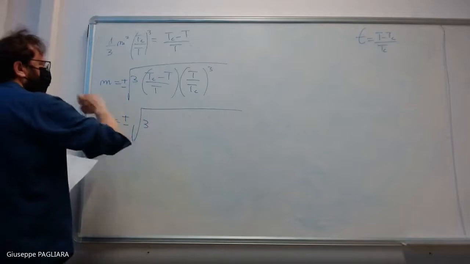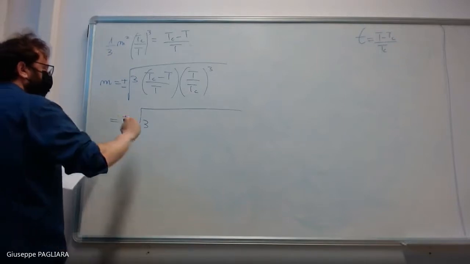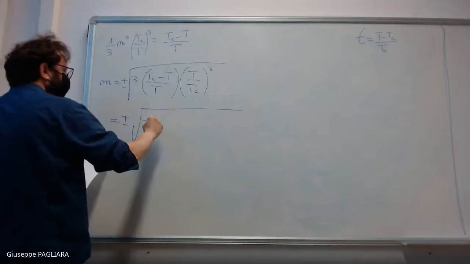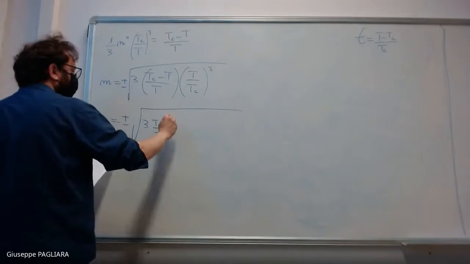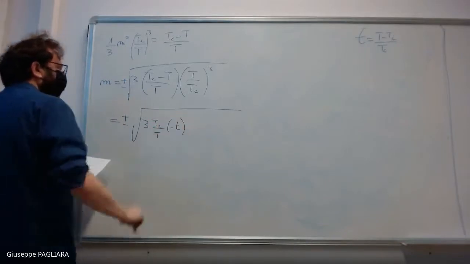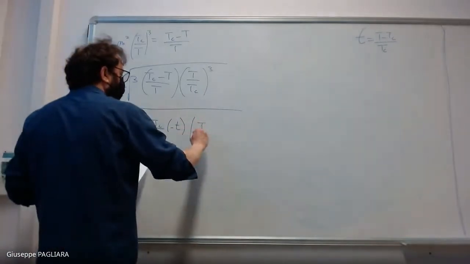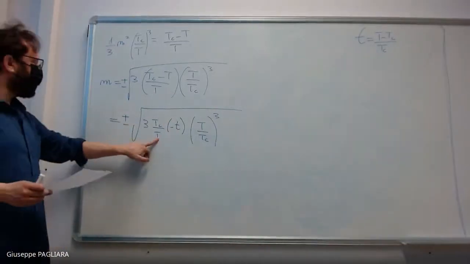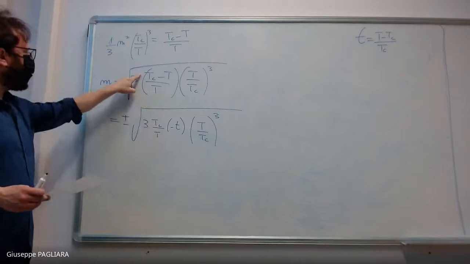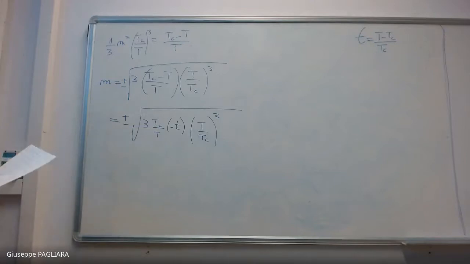So here you have to multiply by Tc and divide by Tc. Then I have a minus t. And then I have T divided by Tc to the power of 3. Sorry, let me see if it is correct. Should be correct.